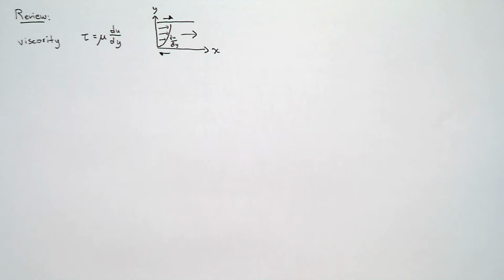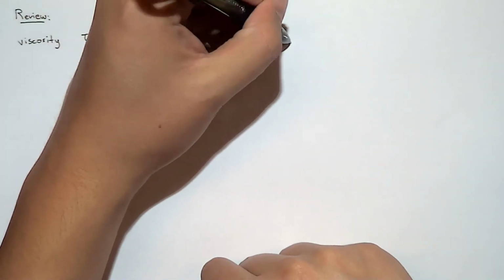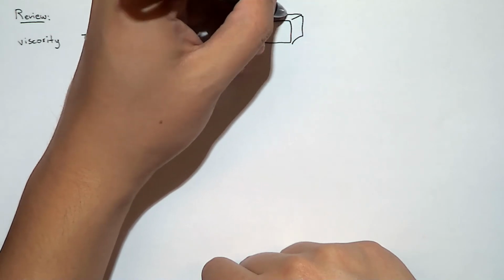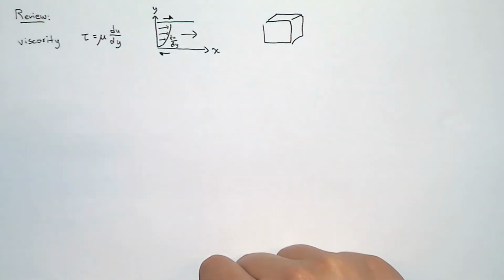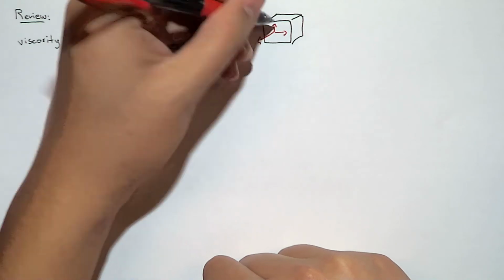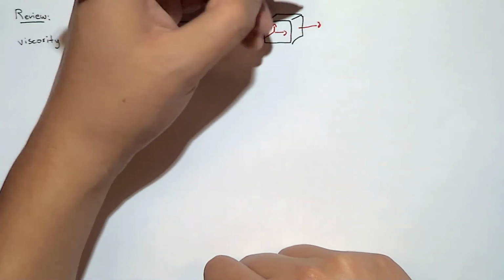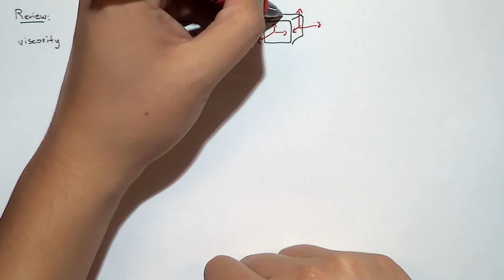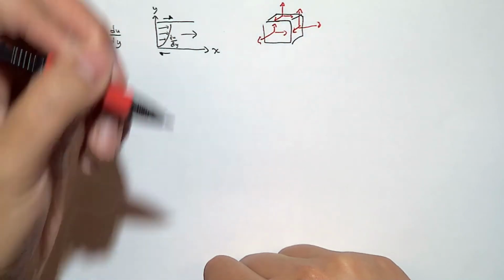So from the context of the stress tensor, we may have recalled that the stress tensor related the stresses based on the face in which the stress is acting and the direction in which the stress is acting. So for a fluid particle, a three-dimensional fluid particle, we know that for each face, we can identify three stresses: one normal stress and two shear or tangential stresses.